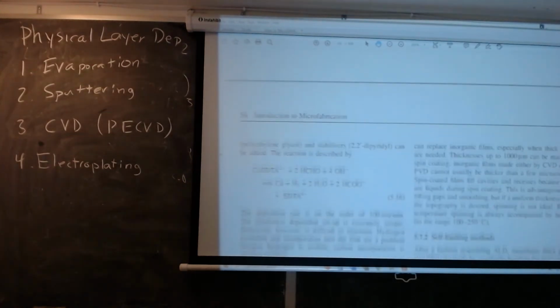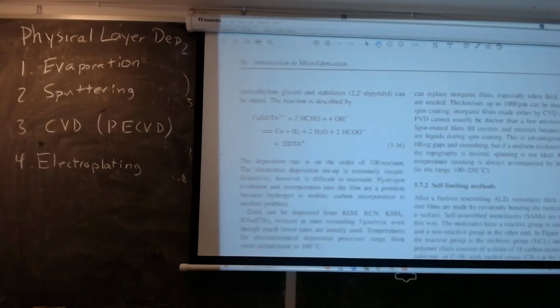All right, that's mainly what I wanted you to be interested in. I won't go back to the board yet until I have to, and I'll just refer to the board: the main physical layer deposition techniques are evaporation, sputtering, chemical vapor deposition, particularly plasma enhanced chemical vapor deposition, and electroplating.